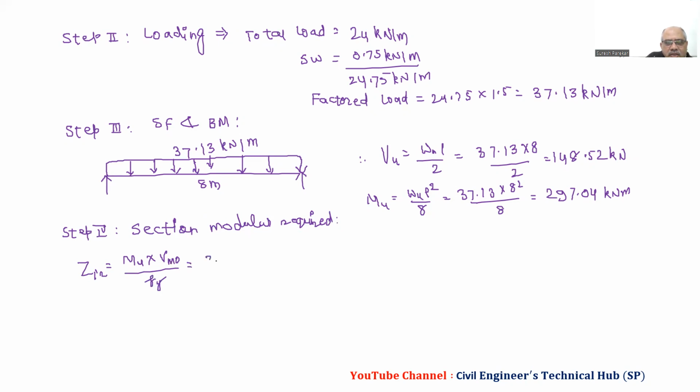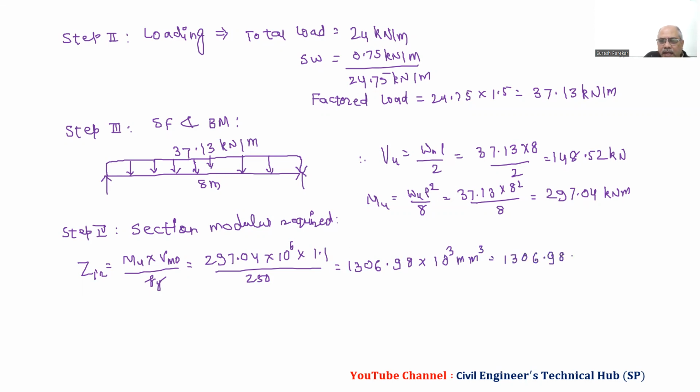And we have this as 297.04 into 10 raised to 6, into 1.1 upon 250. And we will get this value equal to 1306.98 into 10 raised to 3 mm cube, equal to 1306.98 centimeter cube.